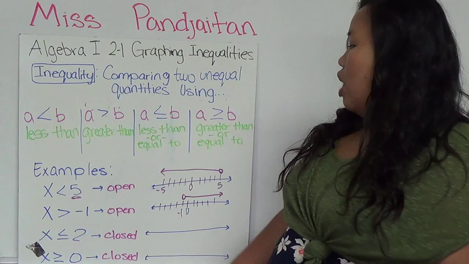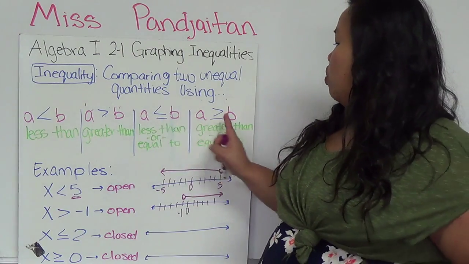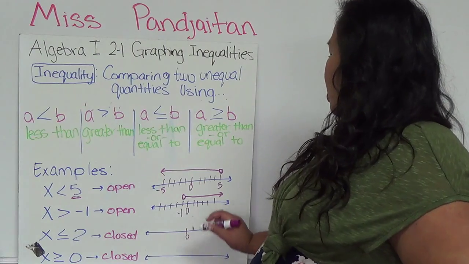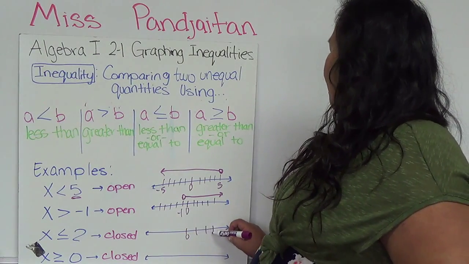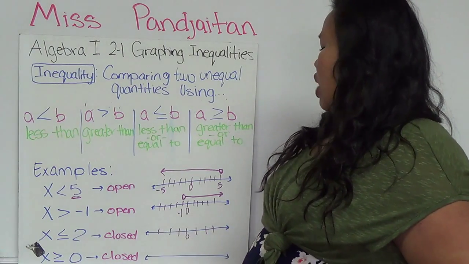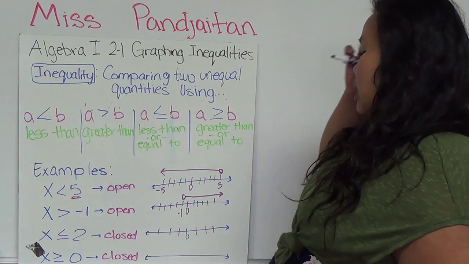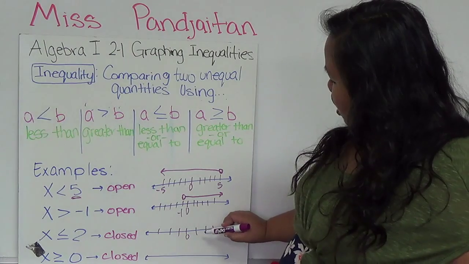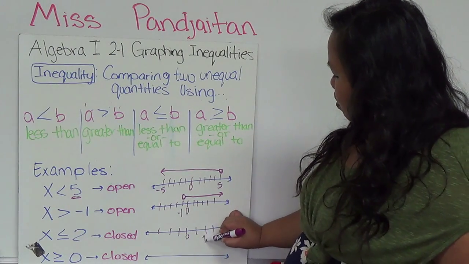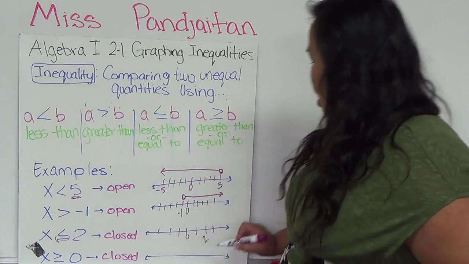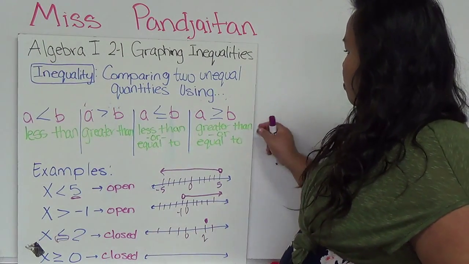Okay? Now, when we add the or equal to sign on the bottom, it's not any more difficult than the others. It's just that in this case, we have to do a closed circle. So in this one, x is less than or equal to 2. So here is positive 2. Because it has this right here, I'm going to do a closed circle, right?